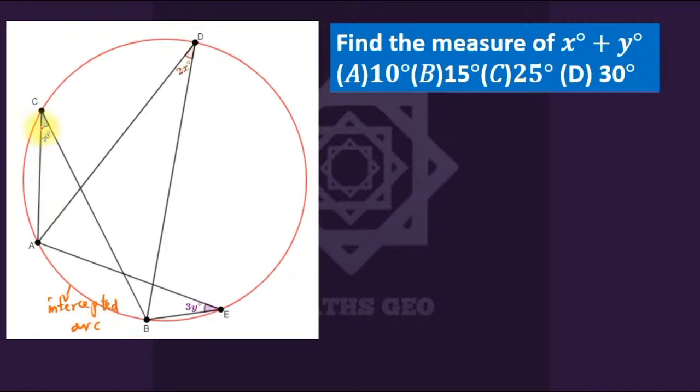So look at the inscribed angle. Have you seen it? 30 degrees is the same as what? 2x. Also the same as 3y. So what do you have to say? This is based on the Bose theorem.